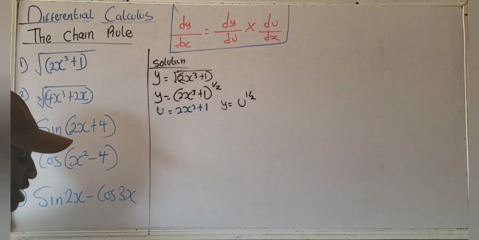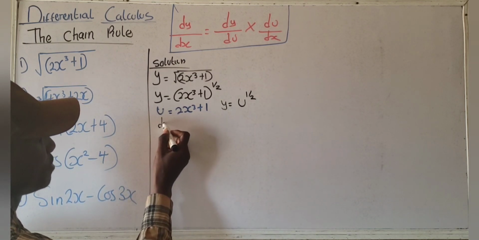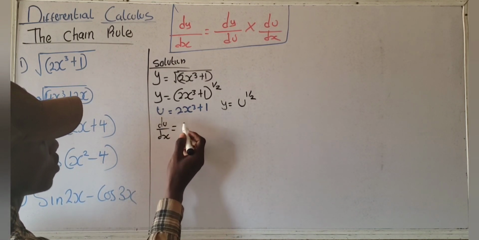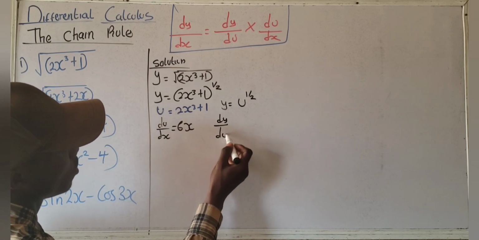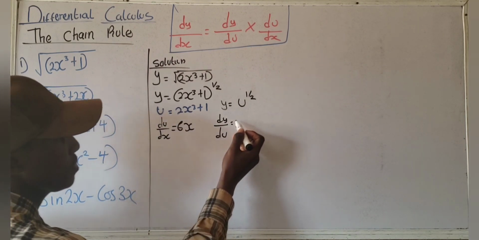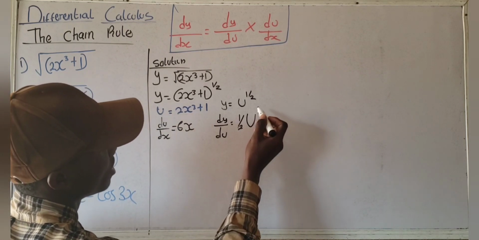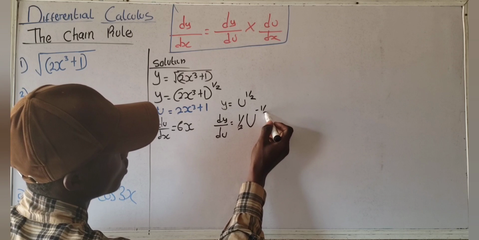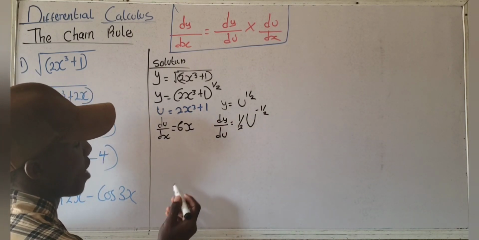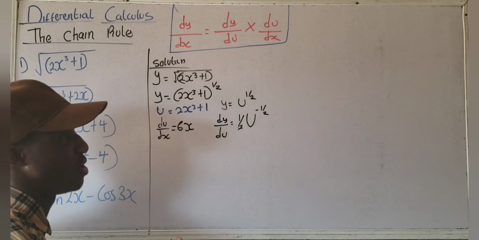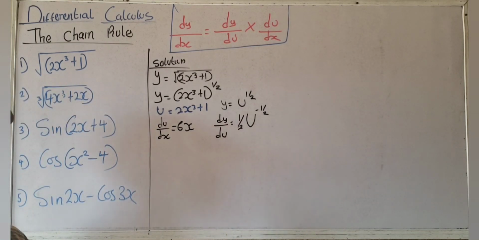Now, the next step is to differentiate both the inner function and the outer function. I'm going to have du over dx equals 6x, and dy over du equals 1 over 2 u raised to the power of negative 1 over 2. Do you understand how I got this? Listen. According to the polynomial rule, or the power rule, it is very important that you return to our previous class and learn it.